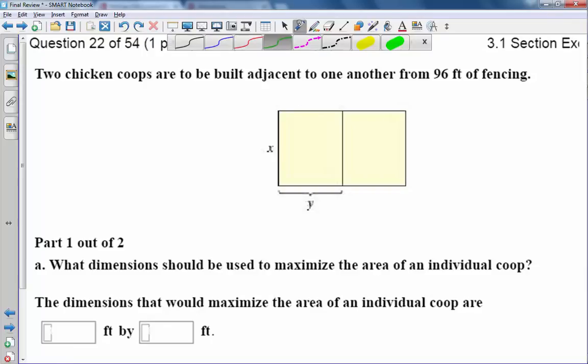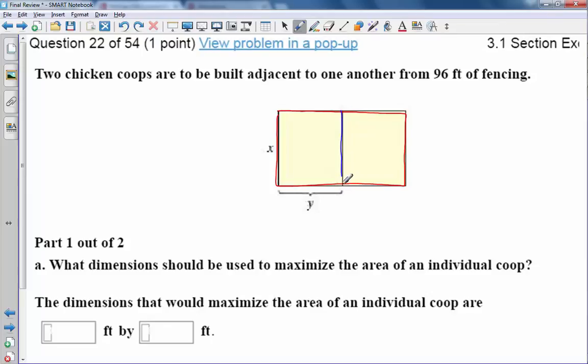And what is the story here? You are building a chicken coop, and two coops, one adjacent to another one, and the total amount of fencing you have is 96 feet of fencing. So this box plus this separating part.